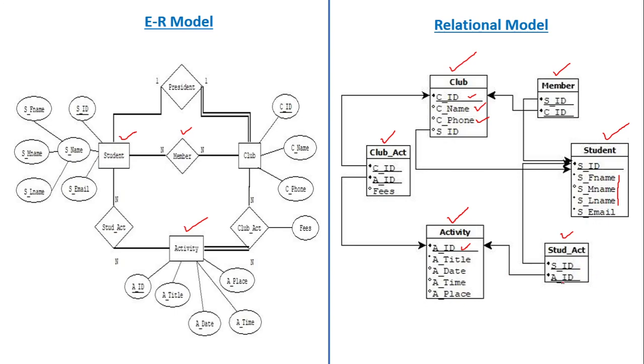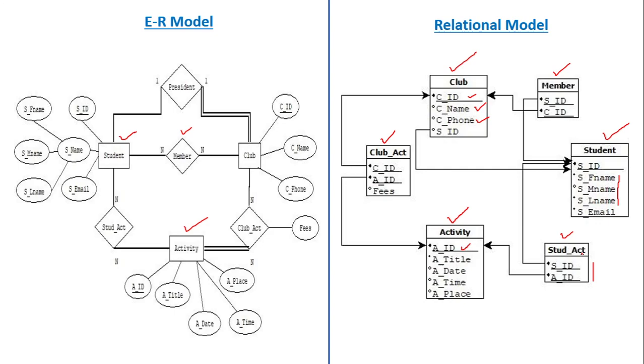Okay, now the primary key of this many to many relationship will be the composite primary key comprising the primary keys of the participating entity sets. So SID, AID together will form the primary key for this stud act relation.